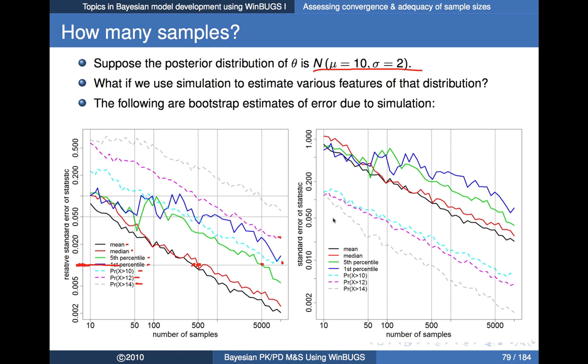Now suppose that I want to calculate probabilities with a 1% error, and notice even for the central one here, where I want to know a probability that should be about 50%. That's the cyan dash curve here, and that's coming down right here.